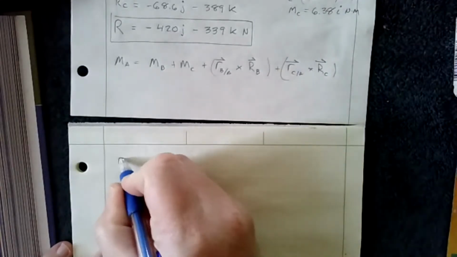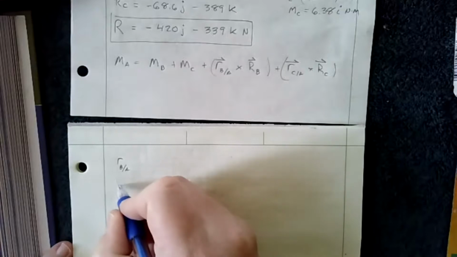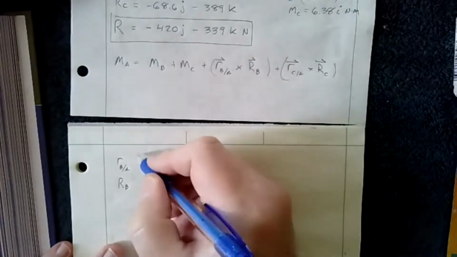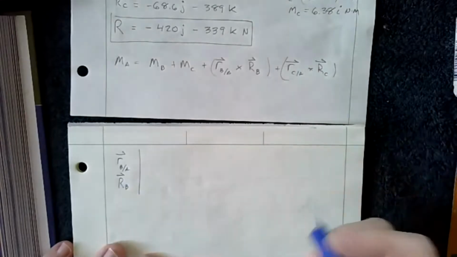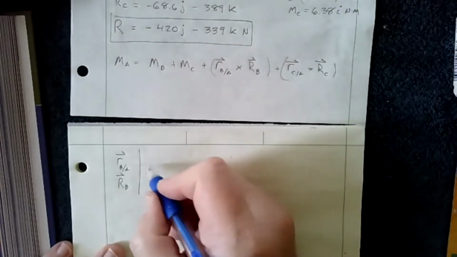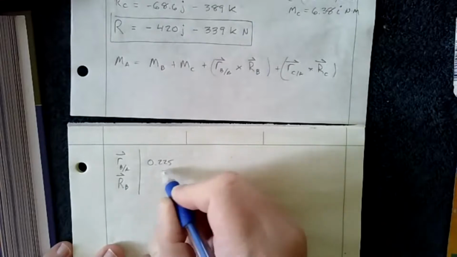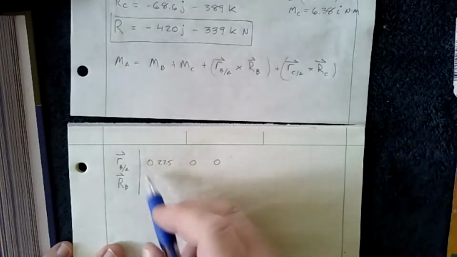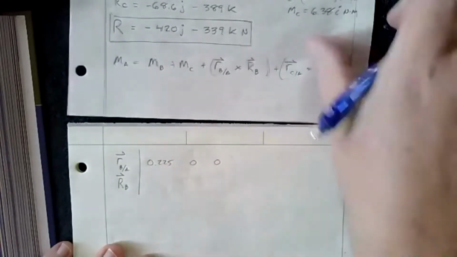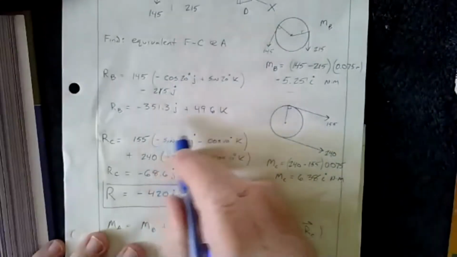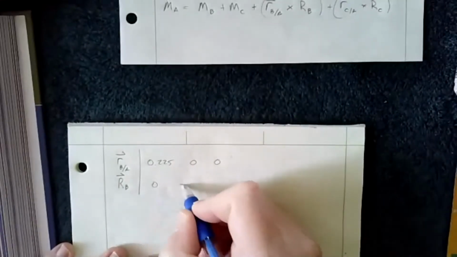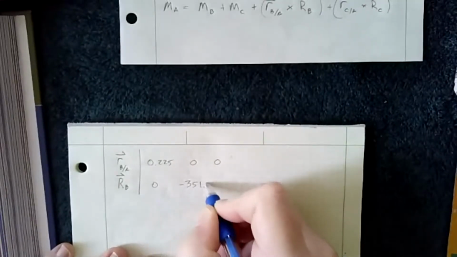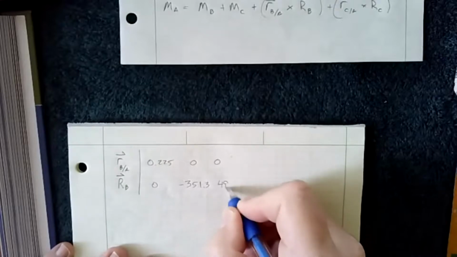So we have R_B relative to A and the force at B. We know that from A to B is just 0.225, or 225 millimeters, 0, 0. That's the distance from A to B. And we know our force at B, going back to this, is just that value there. So we can put in 0, negative 350, 1.3, and 49.6.